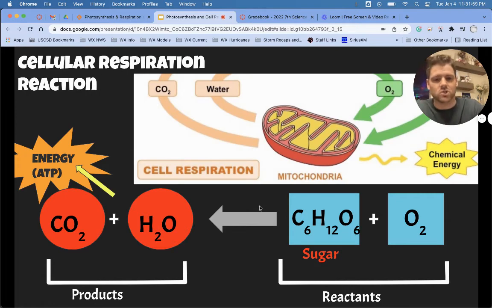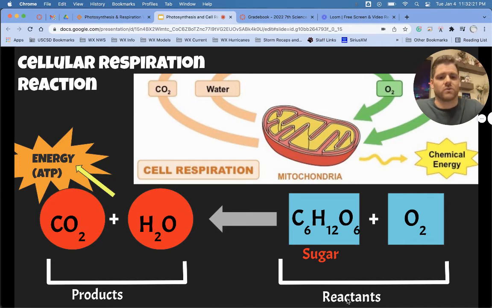The arrow just shifts. So in this one, we take that sugar, we take that oxygen, because remember, that's how we get the big burst of energy. We put those two together, and what happens is they give us carbon dioxide, they give us water, and there's that big burst of energy. That's all that energy. It's what we call ATP, but there's that big burst of energy.